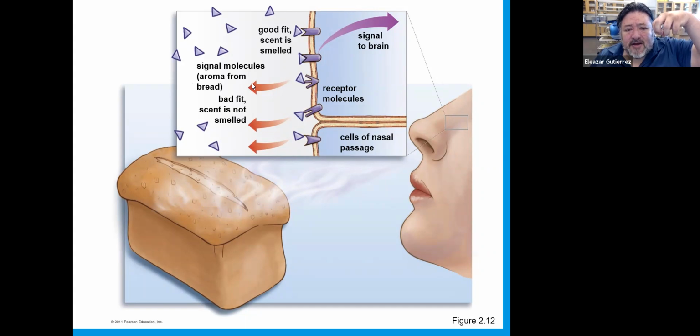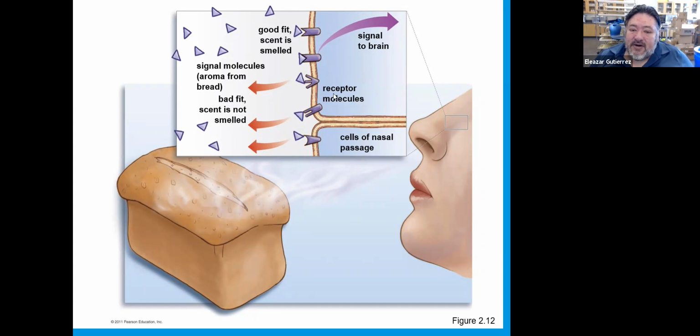And when odor molecules of that same shape associate with that receptor, then that receptor goes, aha, this is what I'm smelling, and it sends a signal up. Well, actually, that's not true. That receptor is specific to a particular type of smell, and it sends a signal to the brain, and the brain is the one that goes, aha, we're smelling delicious warm bread.